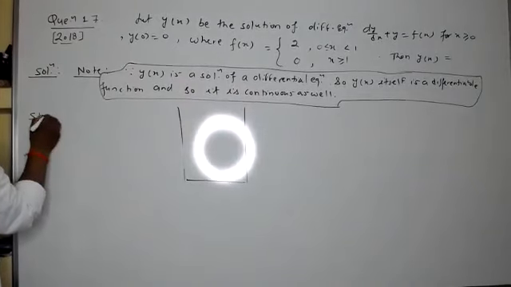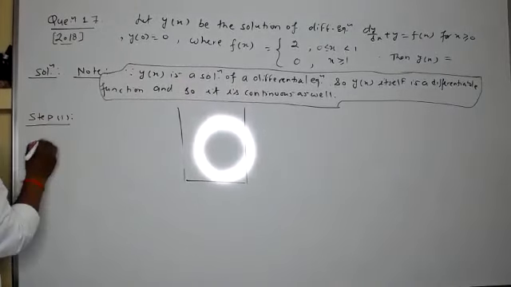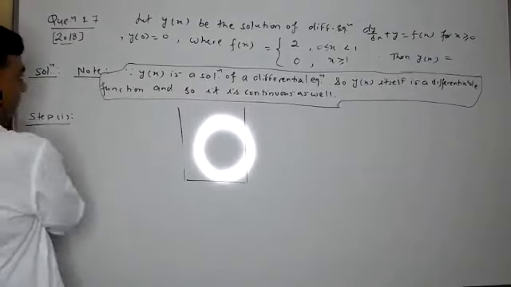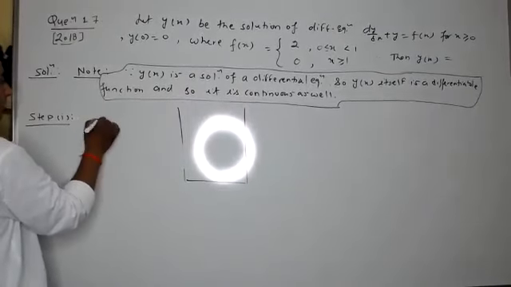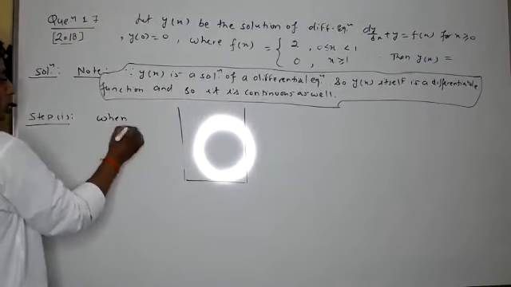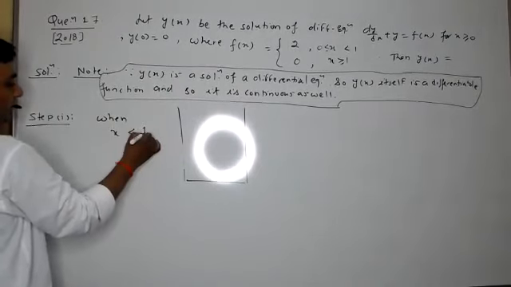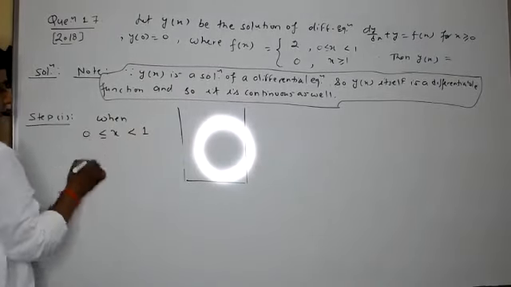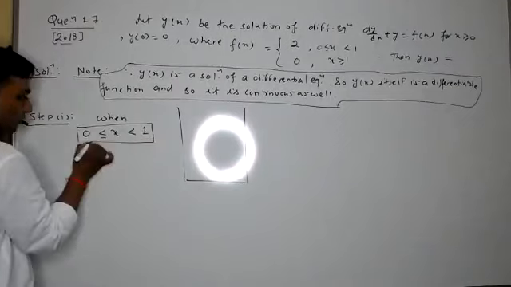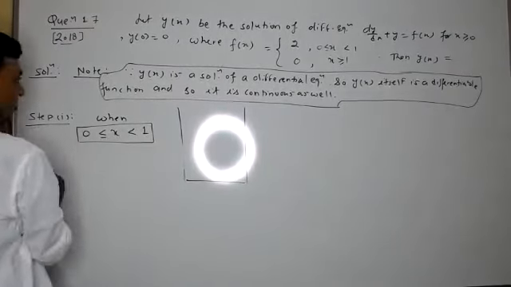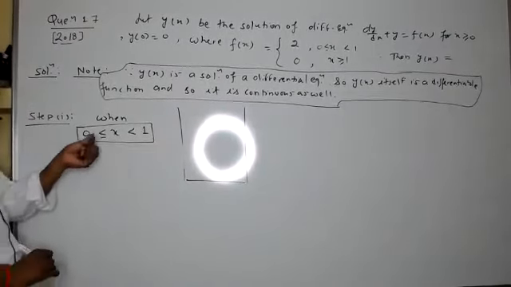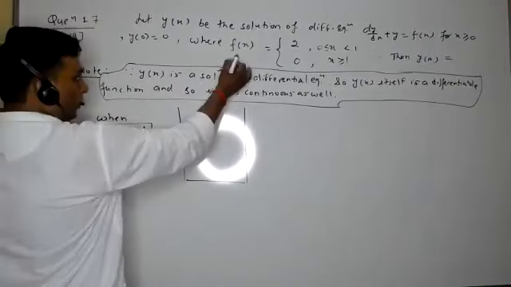We will see, such questions are solved in 2 steps. Step 1, when x is lying between 1 and 0. Please do notice, first step will be done for this. So when x is lying between this, what is f of x?